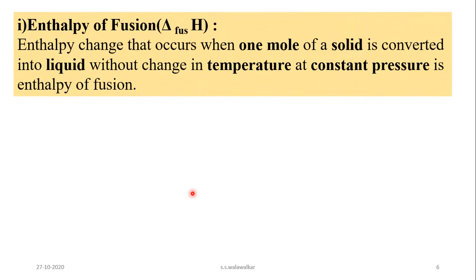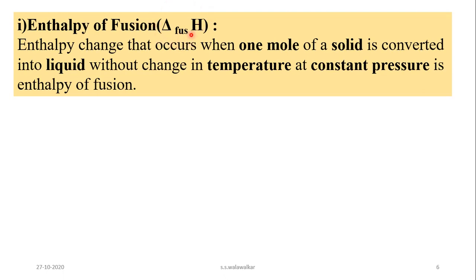The enthalpy of fusion means the enthalpy change that occurs when 1 mole of a solid is converted into liquid without change in temperature at constant pressure, and it is denoted like this. Remember, delta fus H: H for enthalpy, delta for change in enthalpy. That is enthalpy of product minus enthalpy of reactant, or enthalpy of final state minus enthalpy of the initial state.